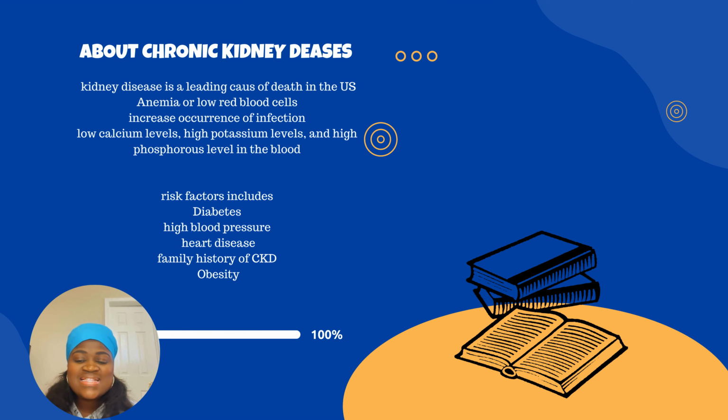Okay, so this slide is about chronic kidney disease and some facts. Kidney disease is the leading cause of death in the United States. Anemia or low red blood cells are comorbidities that are prone in patients with kidney disease. Increased occurrence of infection, low calcium levels, high potassium levels, and high phosphorus levels in the blood.